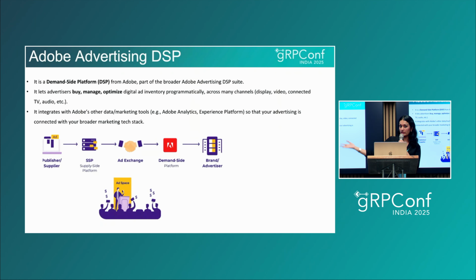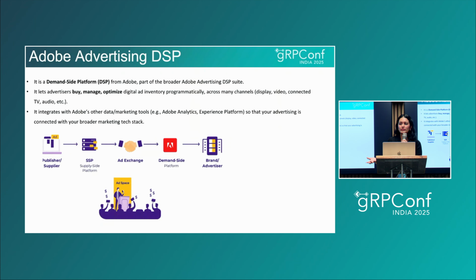As you can see on the slides, we have this entire workflow going on behind. So we have the publisher. The websites or applications that have these empty spaces are called publishers, which are connected with an SSP, or supply side platform, that manages and helps them to sell their ad inventory. Then on the other side, there are brands or advertisers, which can be e-commerce websites, travel agencies, or companies selling their products and services.